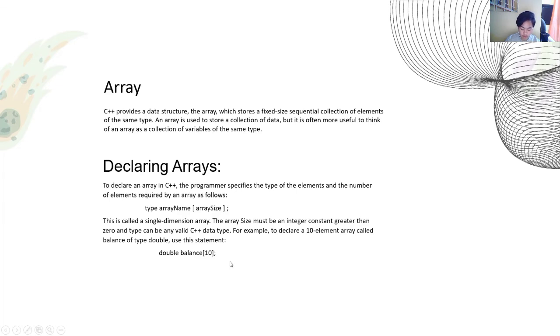Instead of declaring individual variables, such as number0, number1, and number99, you declare one array variable such as numbers and use numbers with the index to represent individual variables. A specific element in an array is accessed by an index.